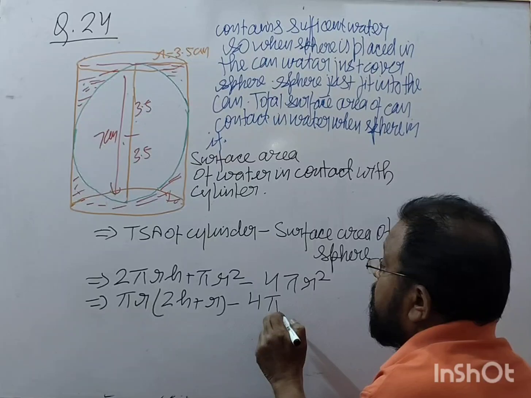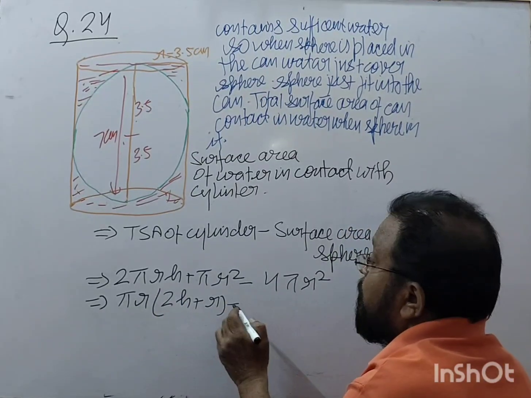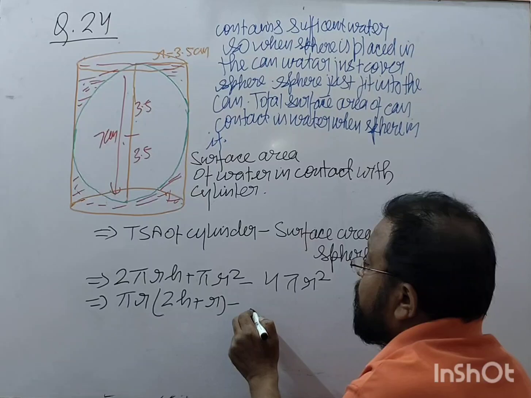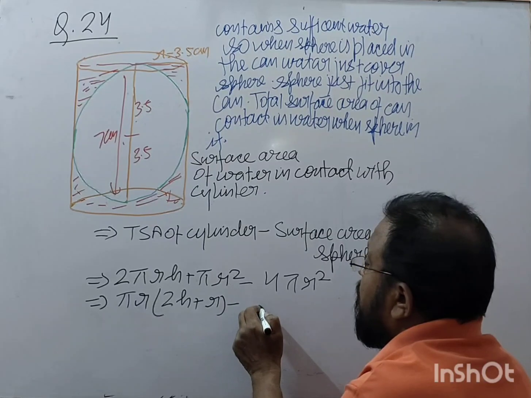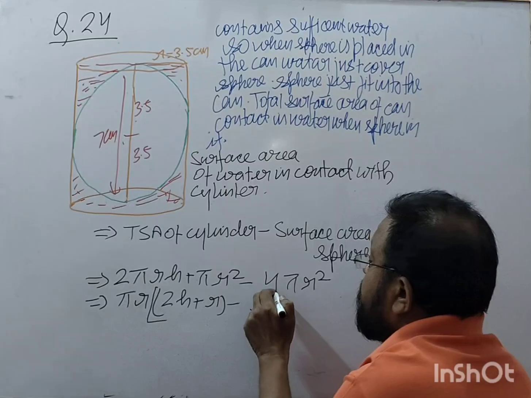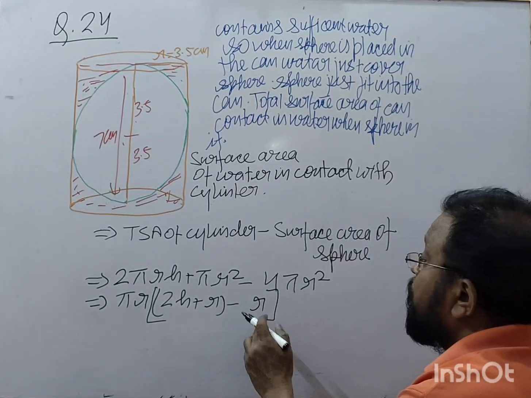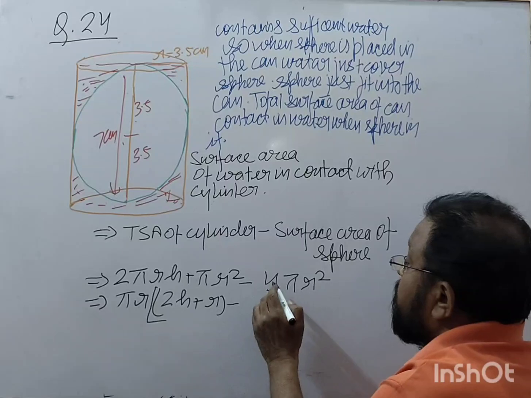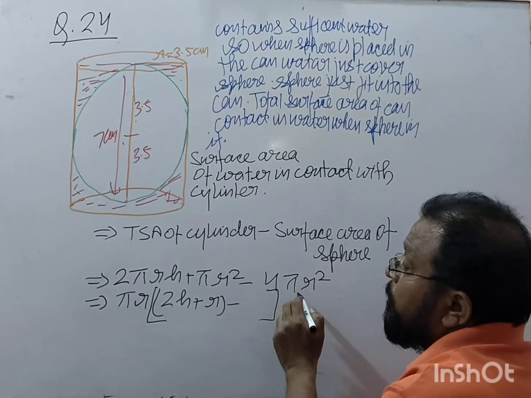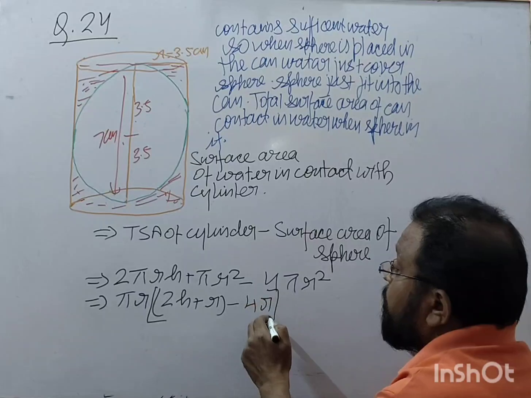If we take this whole thing out, then it will be r. No, 4r. Pi r we have taken as a common, so we get 4r here.